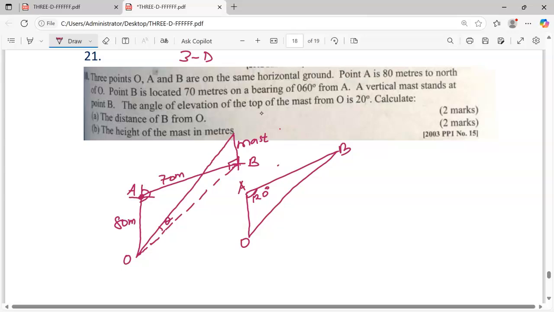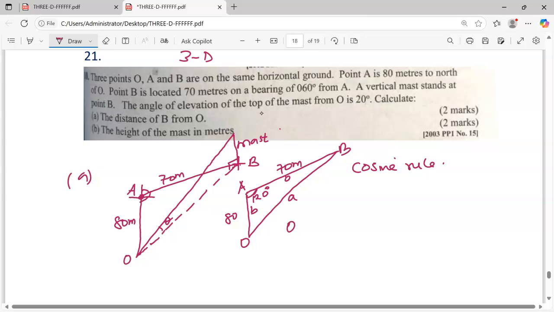We have been told that AB is 70 meters and OA is 80 meters. And for us to get OB, we are going to use what we call the cosine rule. Using the cosine rule, OB is going to be a, AB is going to be o, and of course, OA is going to be b.